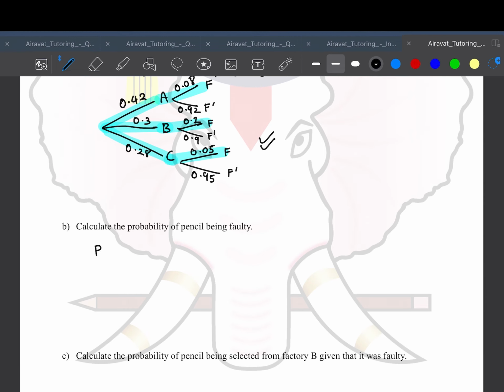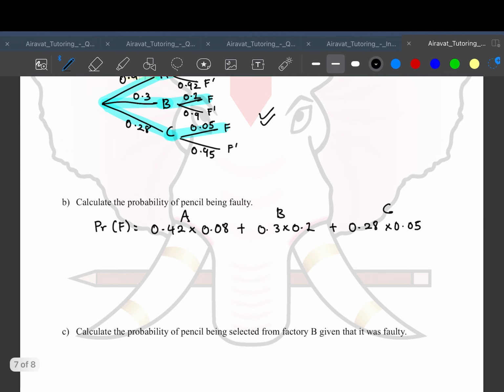So the probability of it being faulty is going to be 0.42 times 0.08, this is for factory A, plus 0.3 times 0.1, this is from factory B, plus 0.28 times 0.05, this is for factory C. Multiplying and adding it all together results in 0.0776. This is the probability overall that a pencil is faulty regardless of what factory it comes from.